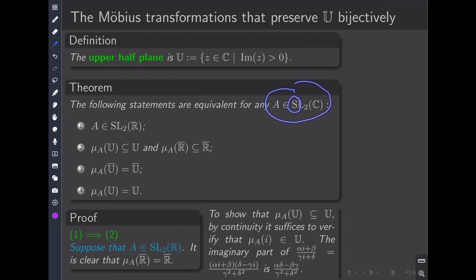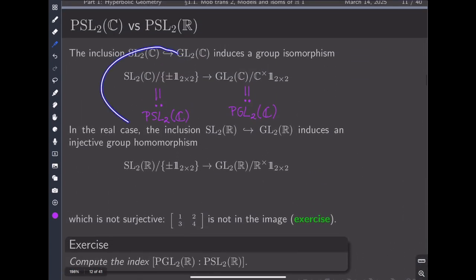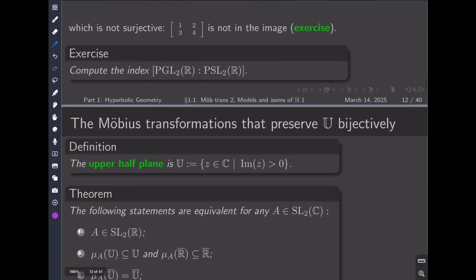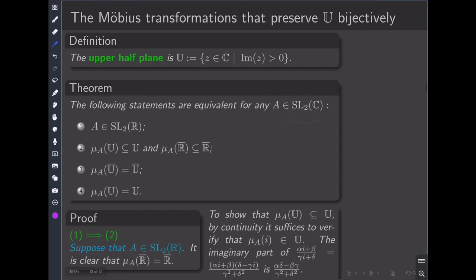This is a consequence of the first fact in the previous one, that this is an isomorphism. So I'm using that, and the statement is for those that have determinant 1. If I don't take determinant 1, then some of the things I'm going to say may fail. But I'm not losing any Möbius transformation.